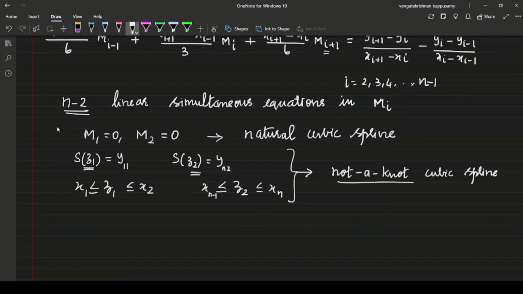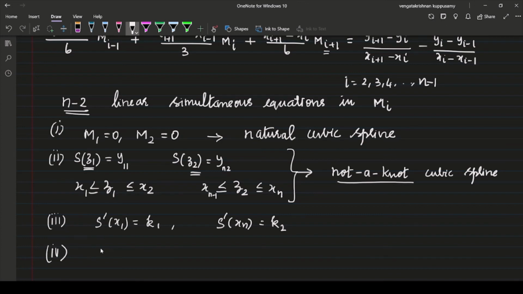There is another case where we know the first derivative at the end points: if we know s'(x_1) equal to some value k_1 and s'(x_n) equal to some k_2, then also we have a system of n equations which we can solve.